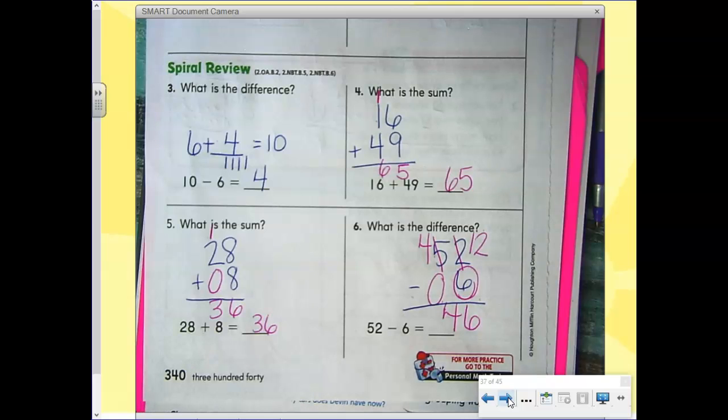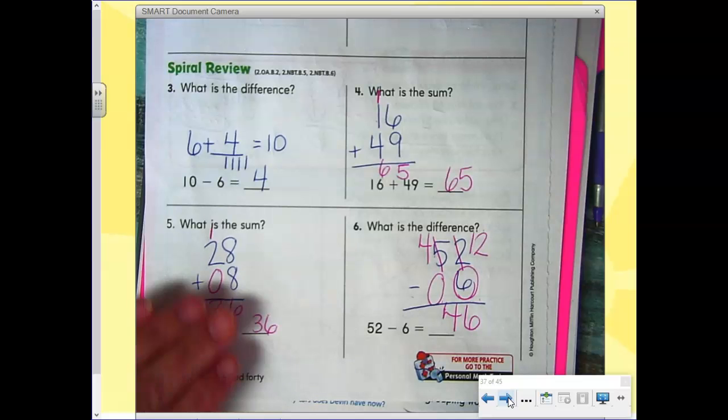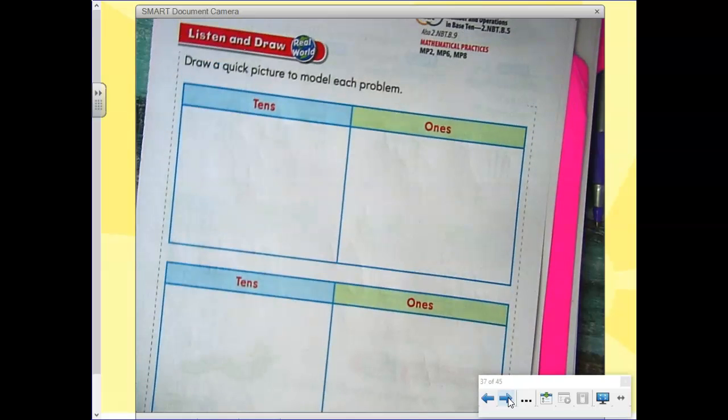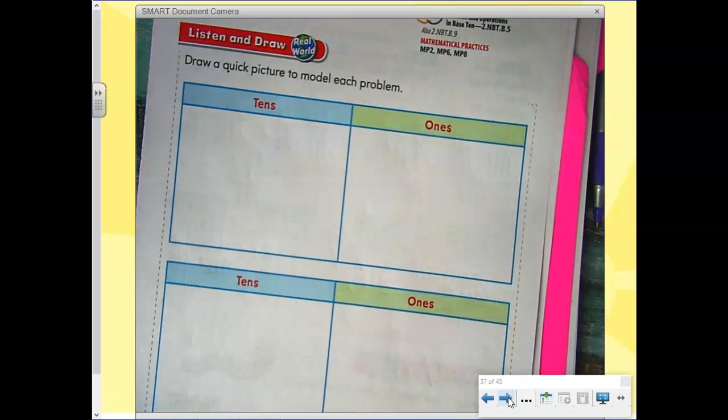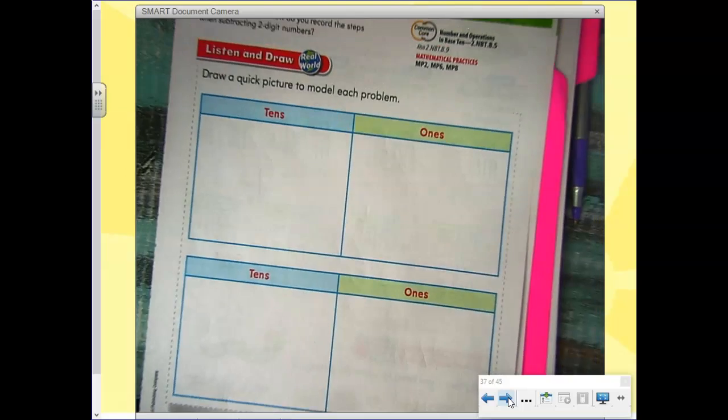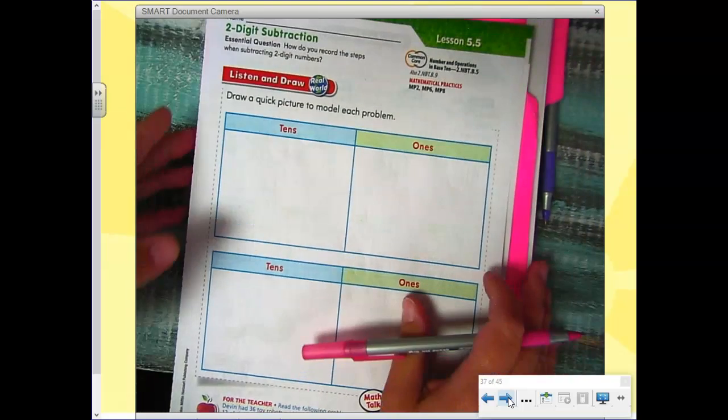All right, turn the page. All right, let's look at today's lesson. All right, your essential question is at the top.